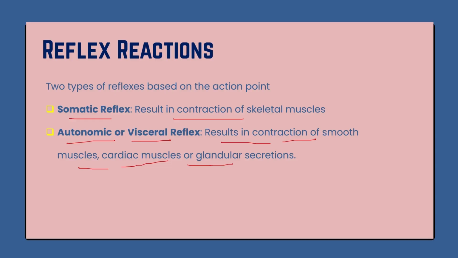Just remember that. The somatic nervous system was involved in controlling skeletal muscles, and somatic reflex is also involved in contraction of skeletal muscles. Similarly, autonomic was involved in contraction of smooth muscles, and here also. Involuntary there, involuntary here also. Here both are involuntary only. Alright, so these were the types of reflex reactions.